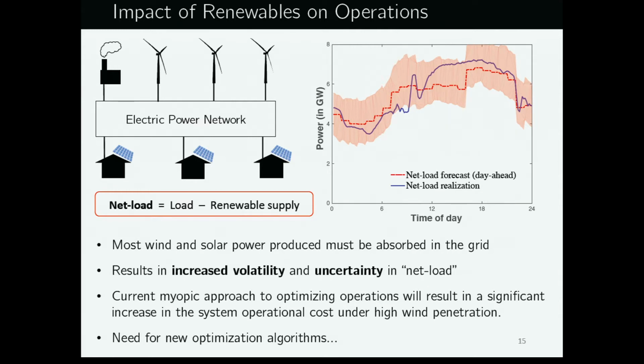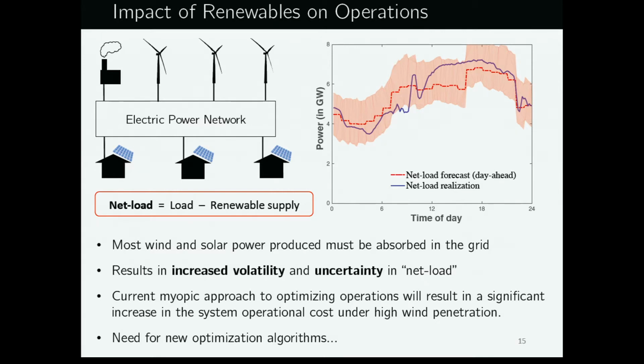The pink intervals there represent 90%, or I think in this case 70%, confidence intervals. So even forecasting a day in advance is quite challenging, and the myopic approach that I described earlier will turn out to be quite inefficient in this setting.